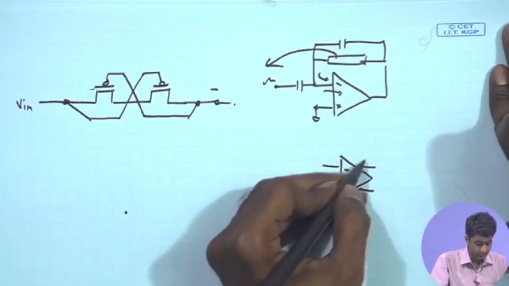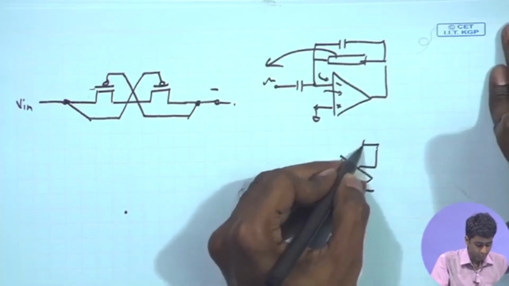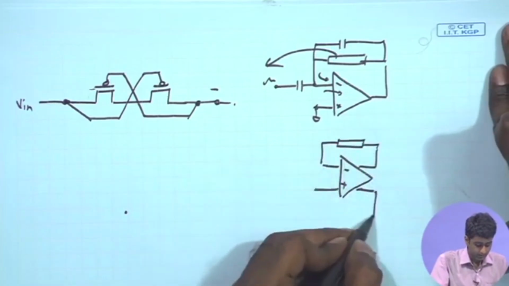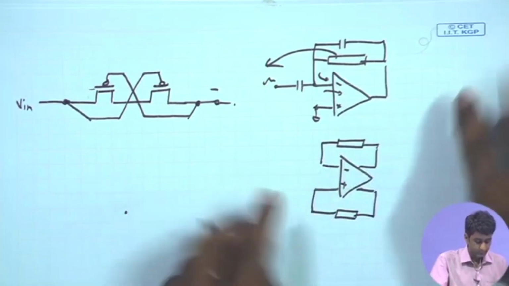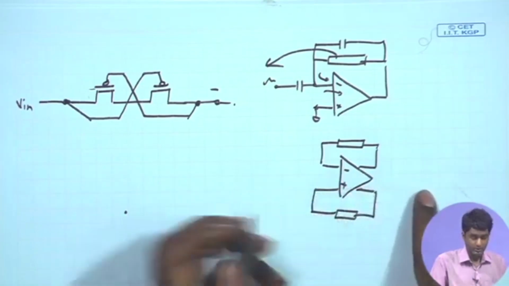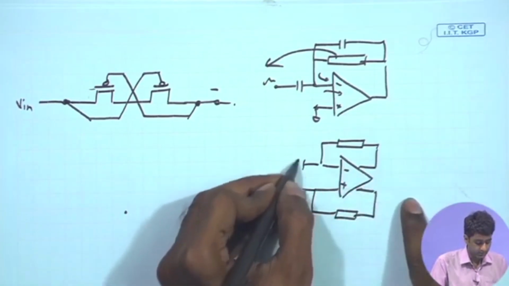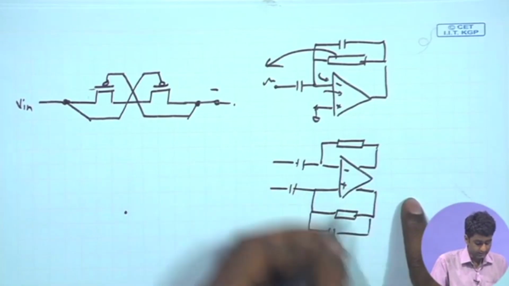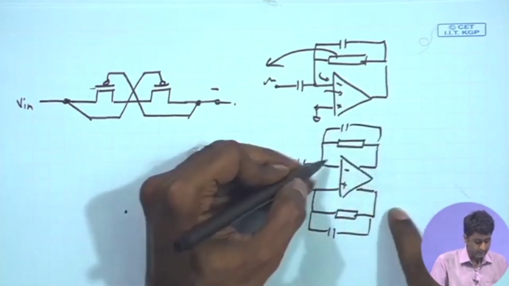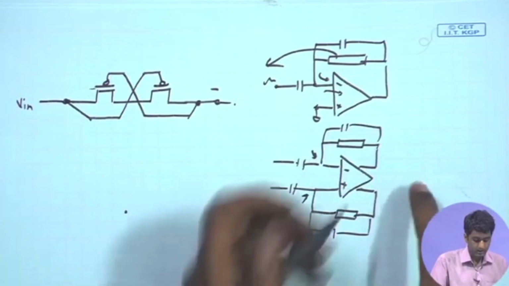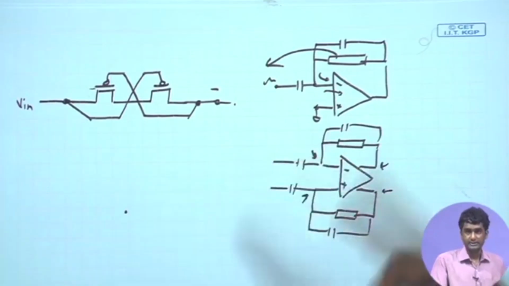So you are having minus and plus, and on both sides you are connecting the inputs with the corresponding outputs, and of course, along with that you have the capacitor as well. So on both the sides we are ensuring that the input DC points are equal to the output DC point, which is set to the common mode voltage.